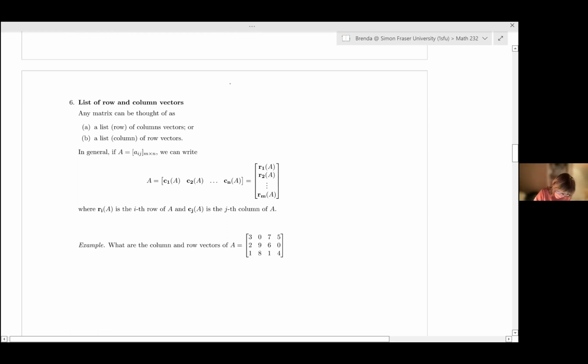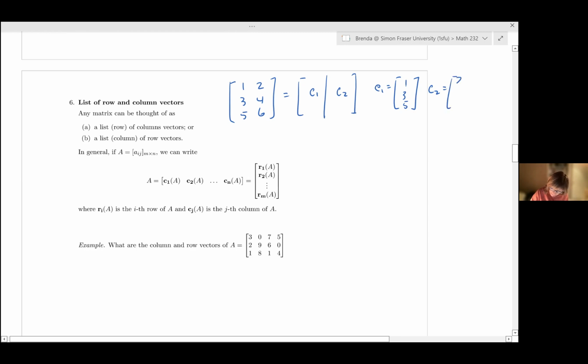If I have a matrix that looks like this, 1, 2, 3, 4, 5, 6, I can be thinking of that like this, a list of column vectors. That would be where I'm thinking of C1 as the first column, 1, 3, 5, and C2 as the second column. Now you notice that C1 and C2 are vectors.